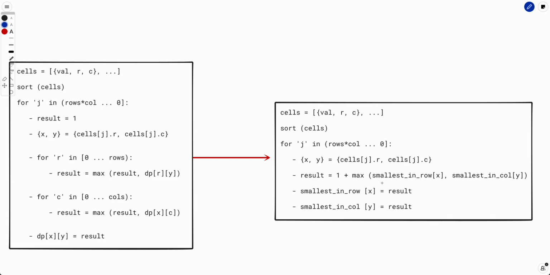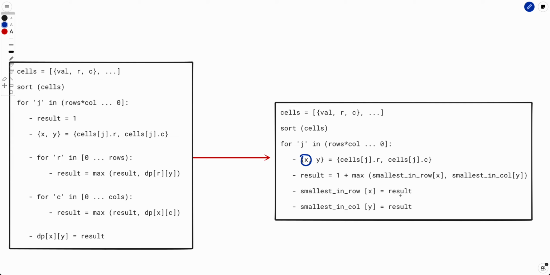And these two arrays are something that you will keep on updating once you get the result for the current one. So you can simply say the current cell is x comma y, and the value of the current cell is this result. So you can say the maximum value of row x is result, and the maximum value of column y is result.